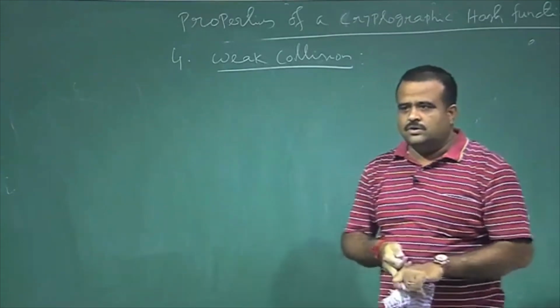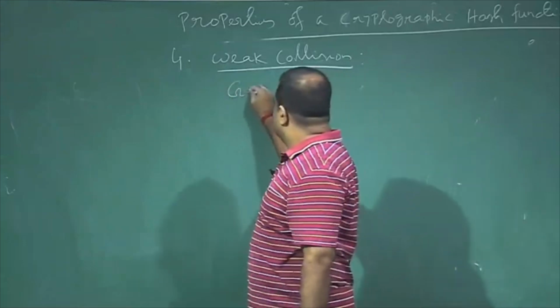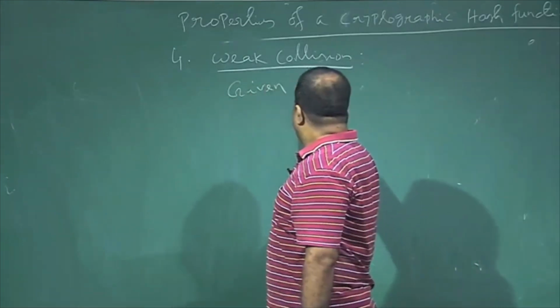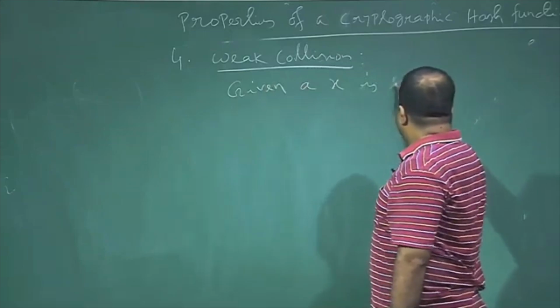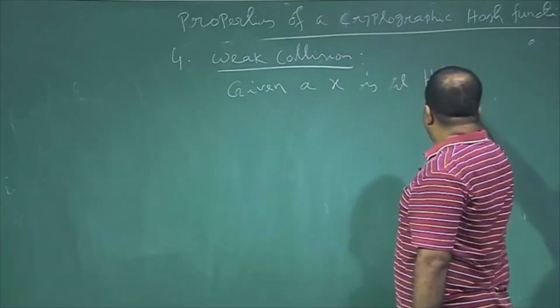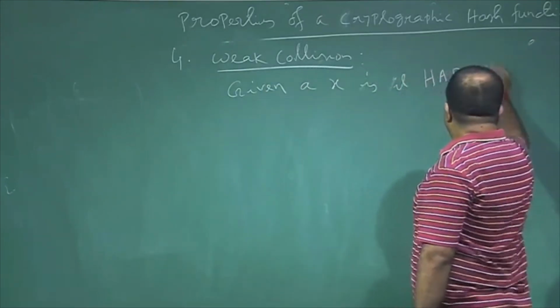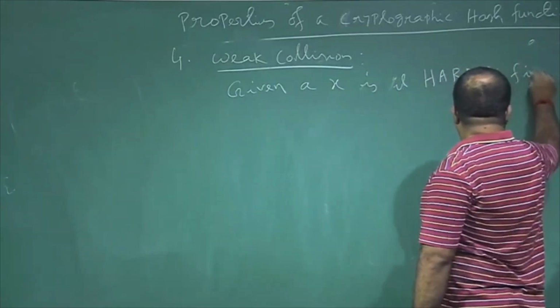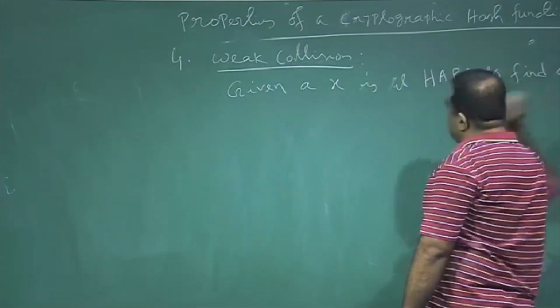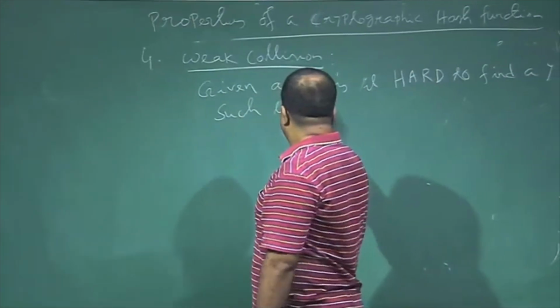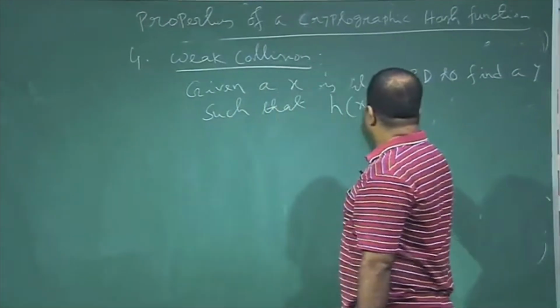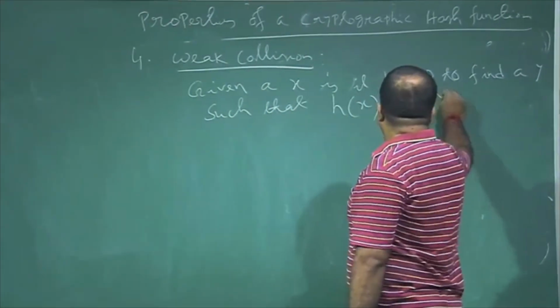Given x, it is hard, hard meaning computationally infeasible, to find a y such that h of x equals h of y.